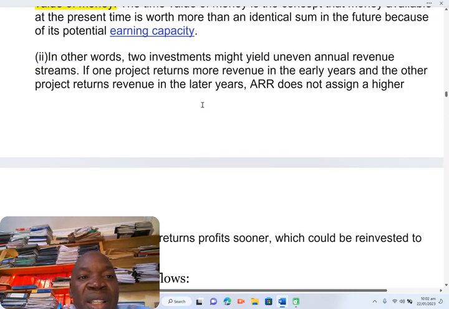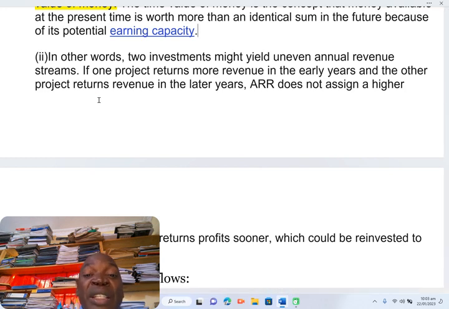The second weakness is that the investment might yield uneven annual revenue streams. What are uneven annual revenue streams? This is a stream of revenue where sometimes, in one year you get 0, another year you get positive, another year you get negative.